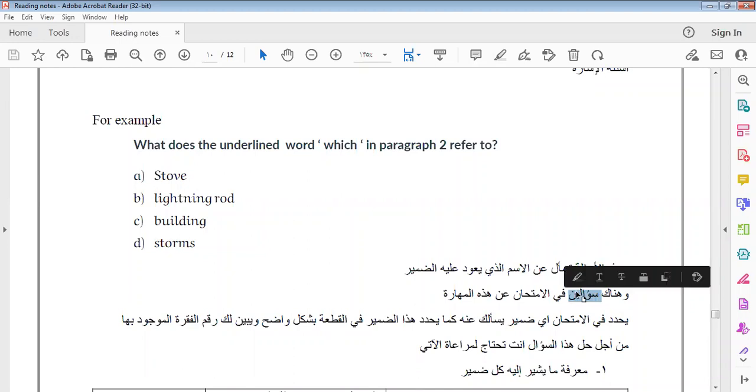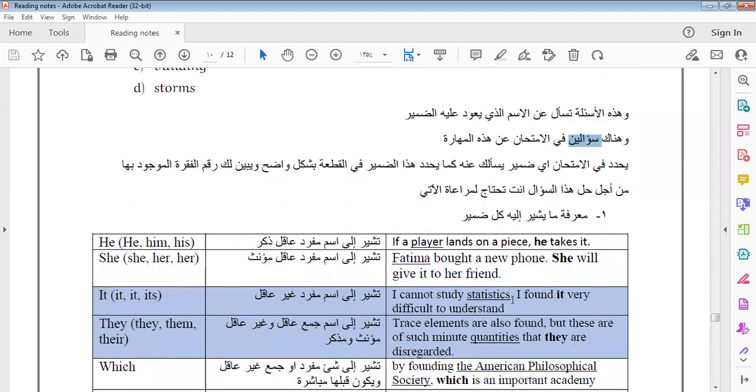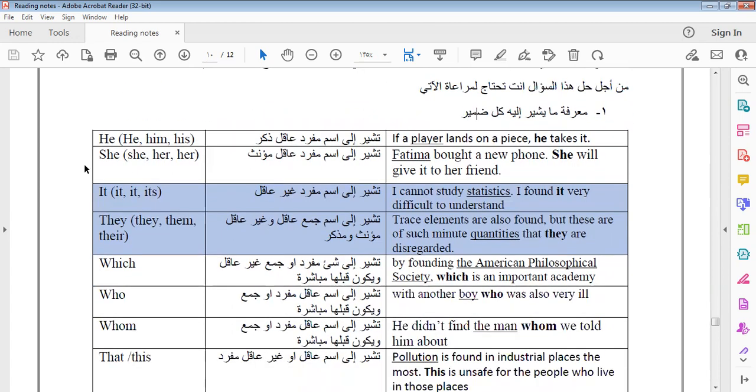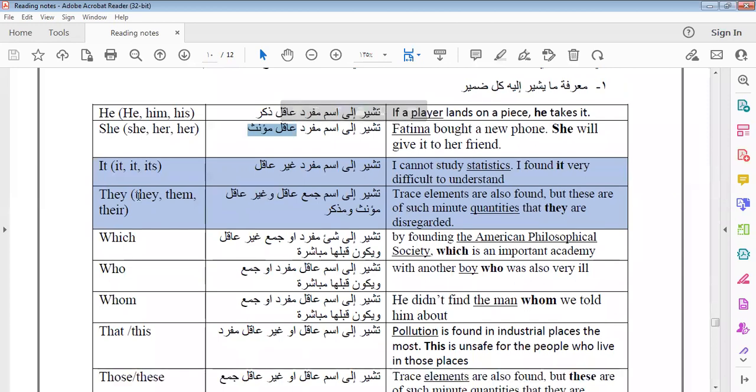To answer this question, you must know what the pronoun refers to. لازم نعرف الضمير بيعود لإيه. For example, he, him refers to a singular, and it must be male. She, her refers to a singular person, and it must be female. It refers to something.